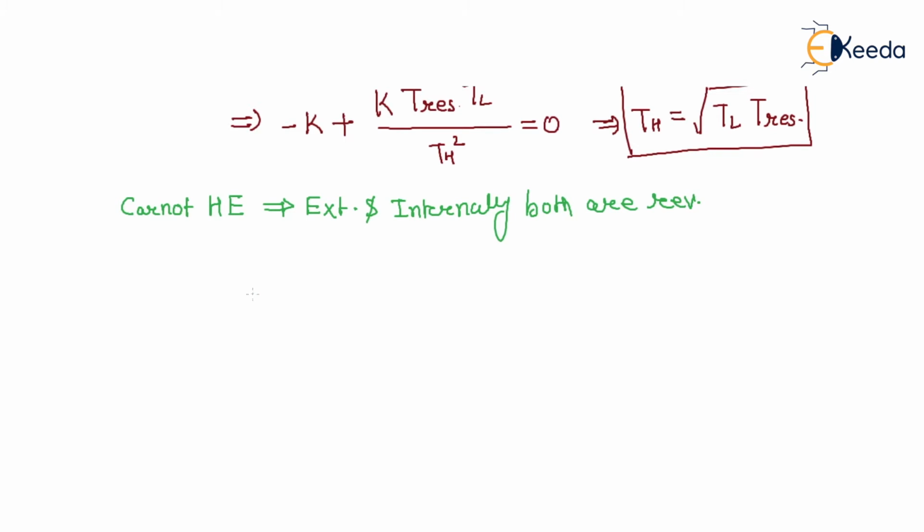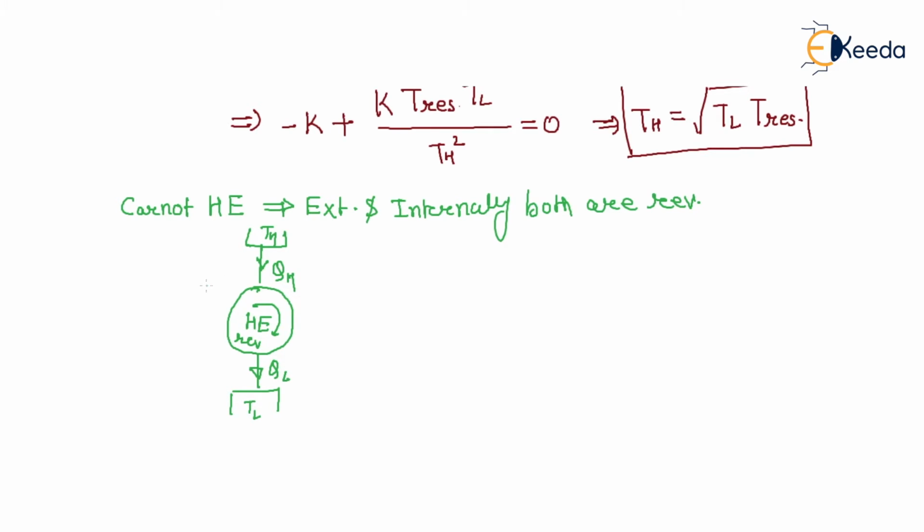That means if you select a heat engine which is reversible, it takes heat from the high temperature reservoir TH to the low temperature reservoir TL, QH and QL. So this is a reversible cycle.